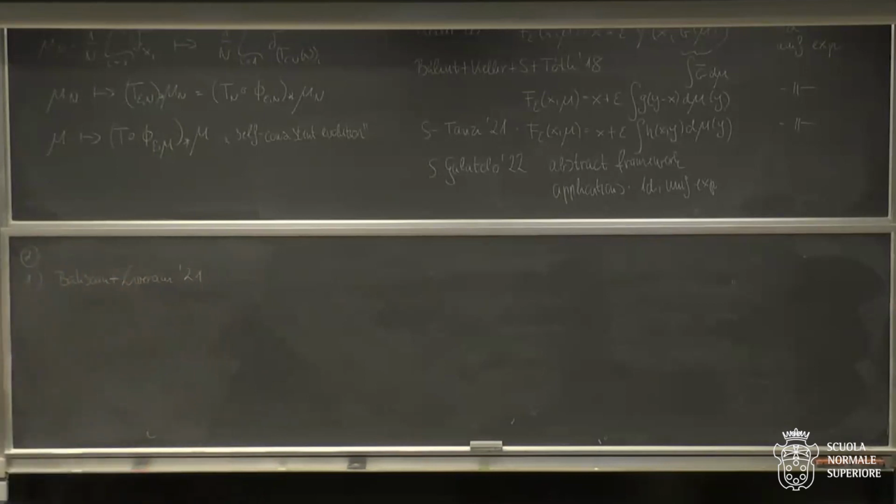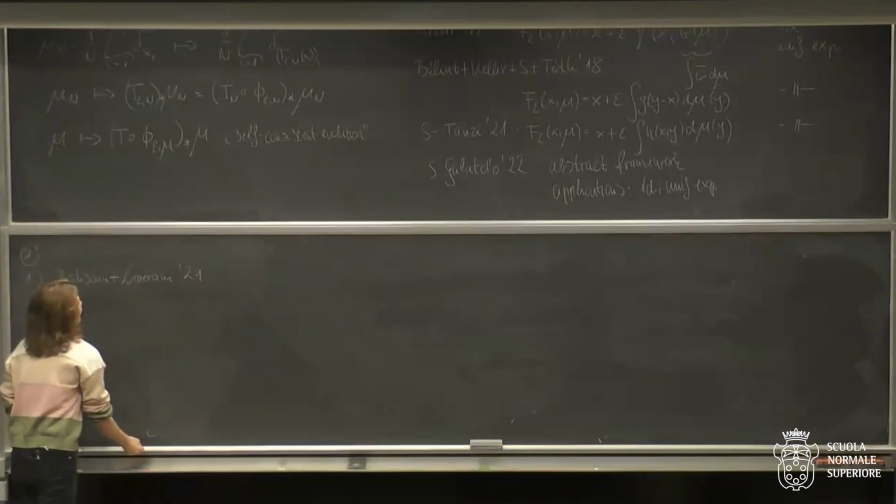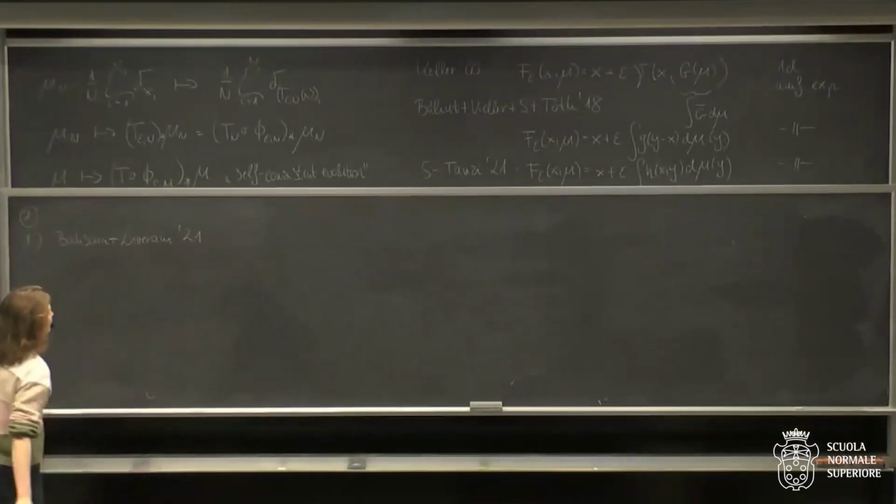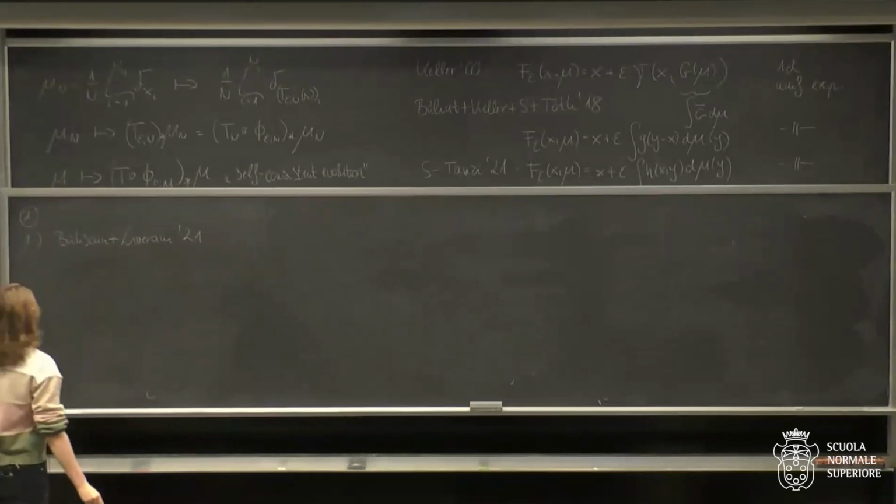What I'm going to do now is introduce a sequence of weak spaces and a sequence of strong spaces. The weak spaces are in some sense like L1, and the strong spaces are in some sense like BV. So what are these spaces?